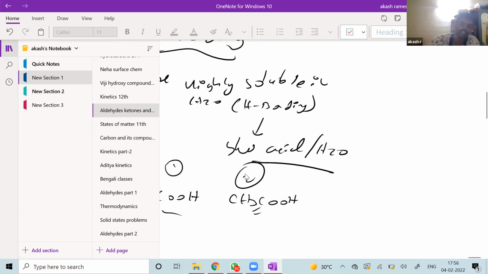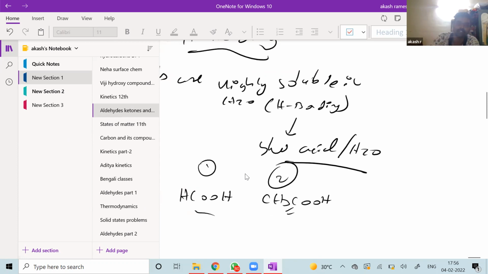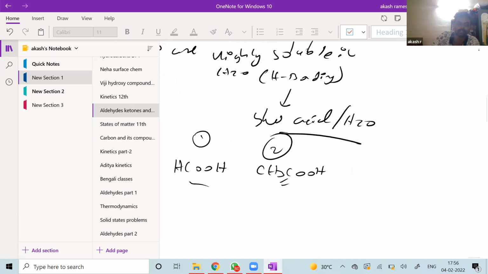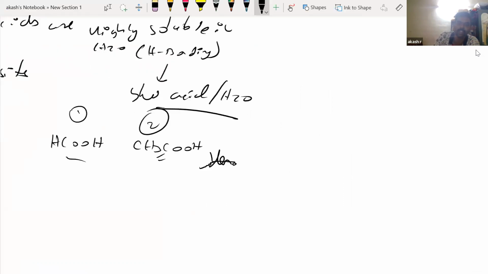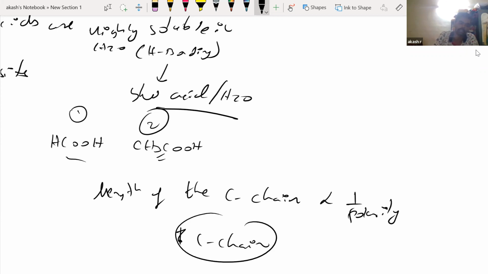Okay, it's all about being more polar and less polar. We know that the longer the length of the carbon chain, the less and less will be the polarity, because your hydrocarbon part, your carbon chain, is actually hydrophobic.